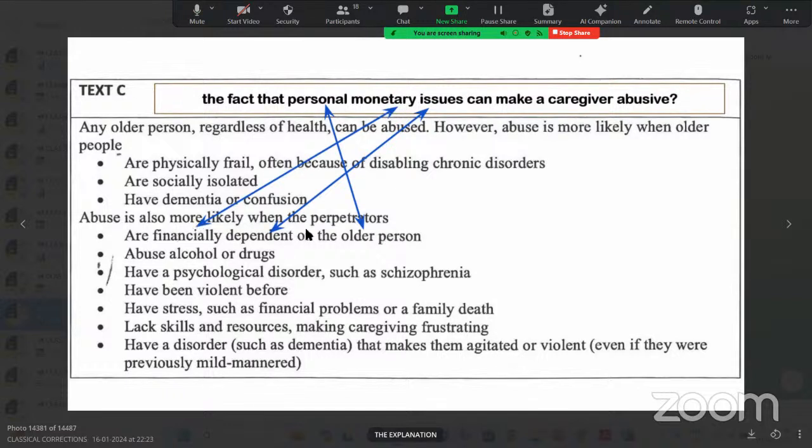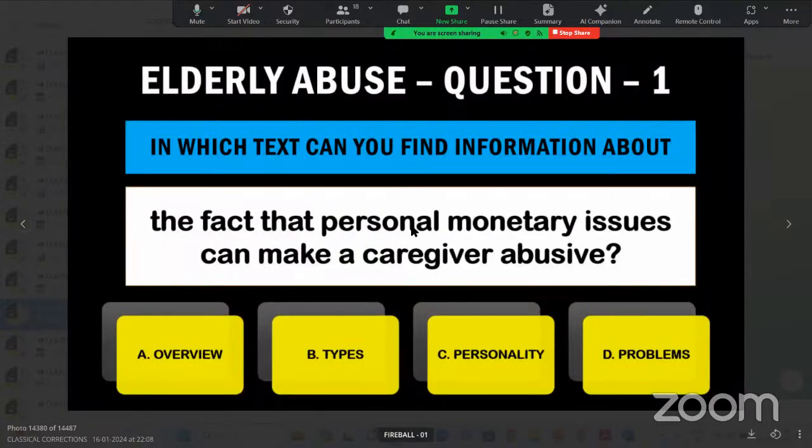So try to understand this. The explanation is there: the fact that personal monetary issues can make a caregiver abusive. It is not because of types or problems, but because of the personality, because he is totally dependent. A dependent person.